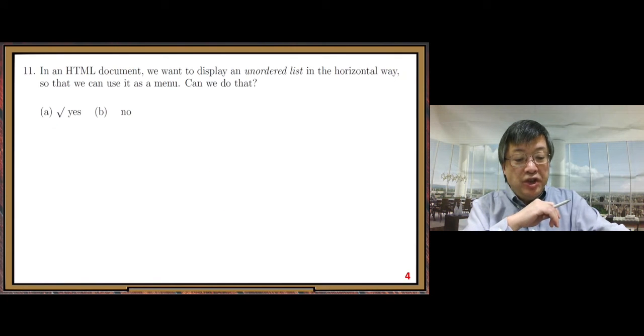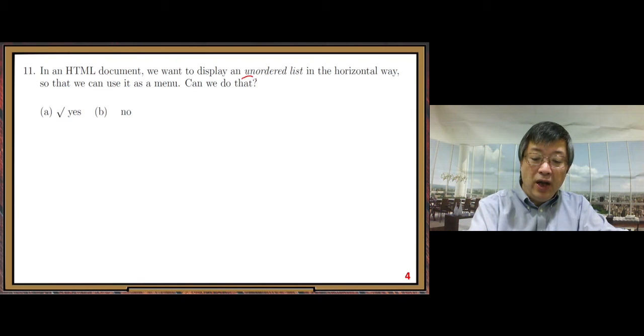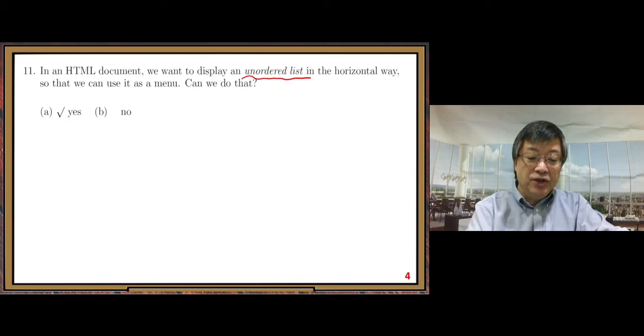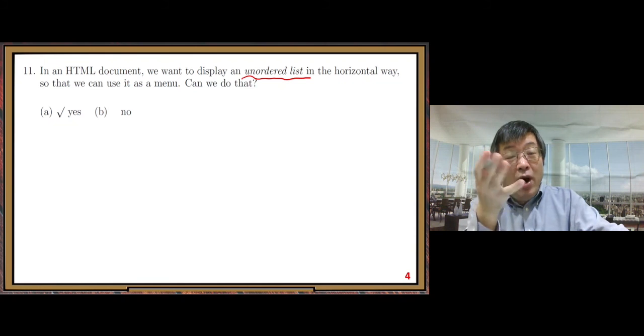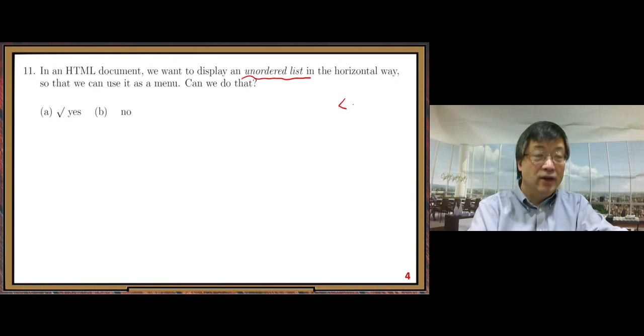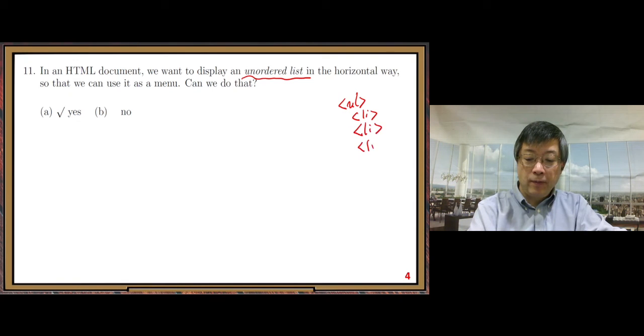In an HTML document, we want to display an unordered list in the horizontal way so that we can use it as a menu. Can we do that? Remember this one? I gave one example in the lecture, right? Unordered list, LI, close it.